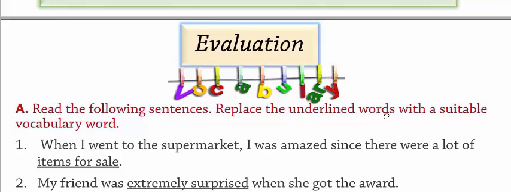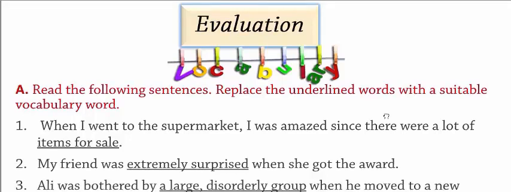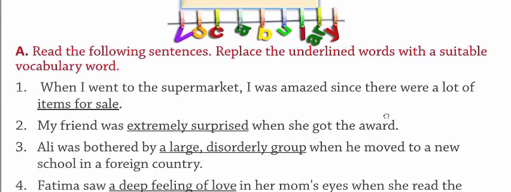Sentence number 1. When I went to the supermarket, I was amazed since there were a lot of items for sale. What's the meaning of items for sale? Sentence 2. My friend was extremely surprised when she got the award. What's the meaning of extremely surprised? Replace it by a vocabulary word. 3.